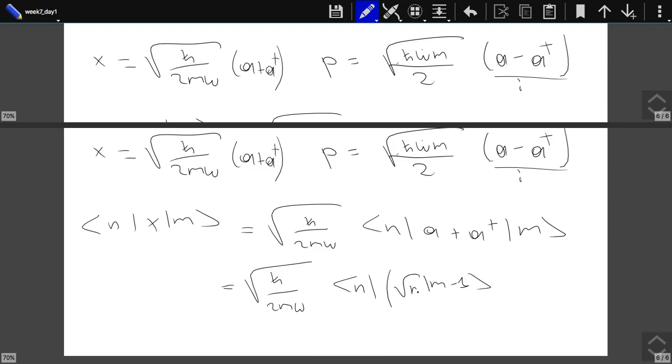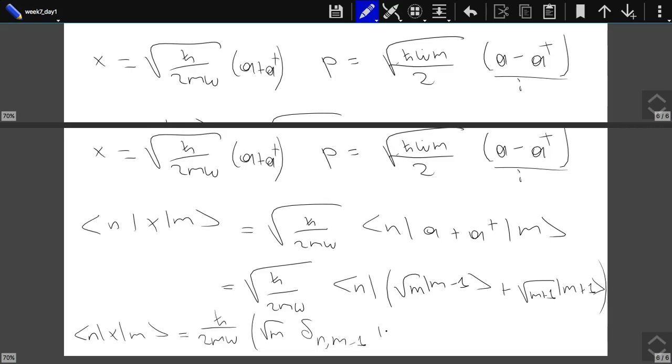The proportionality factor will be square root of n. Plus A dagger will increase it by 1, proportionality constant being square root of n plus 1. So this matrix element is nothing but square root of h bar over 2m omega times square root of n Kronecker delta m, n minus 1 plus square root of n plus 1 Kronecker delta m, n plus 1.